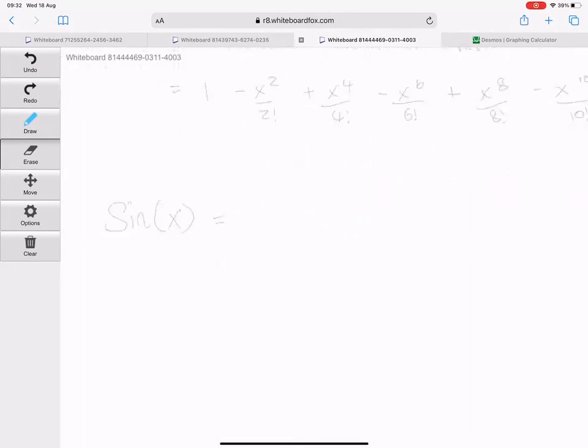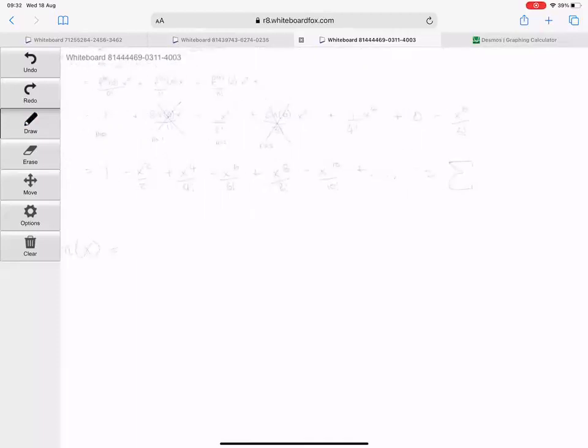So sine is going to be all of the odd powers. Oh, by the way, we could write this in summation form. Say this is the sum from n is 0 to infinity. This time it's going to be, let's see, minus 1 to the n, x to the power 2n.